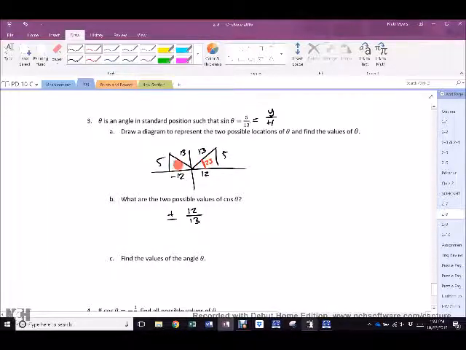So if that's 23, what's this? 158. 23, what's this? 157. So, because theta counts from where? From the initial arm to the terminal arm. And since I had two possible terminal arms, I have two possible reference angles. Is everybody cool?